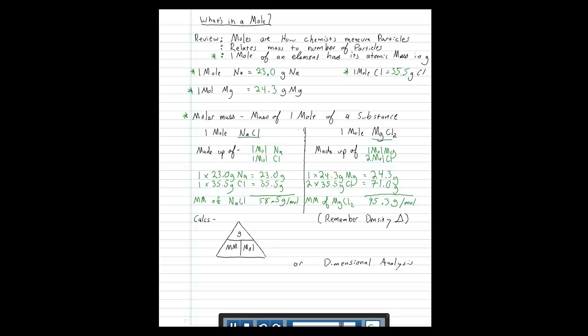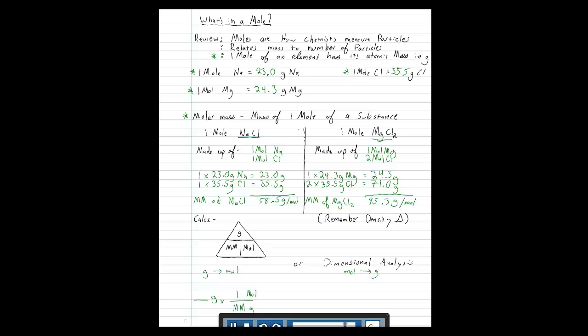Or we can use dimensional analysis, which is another useful tool. So if we're doing grams to moles, you'll see that the triangle matches up just fine, and it's the same calculation. We take however many grams we have, and we multiply by 1 mole over the molar mass in grams.